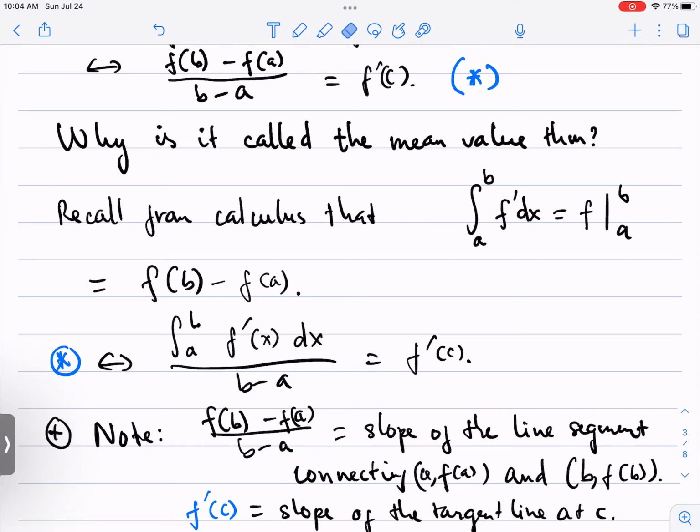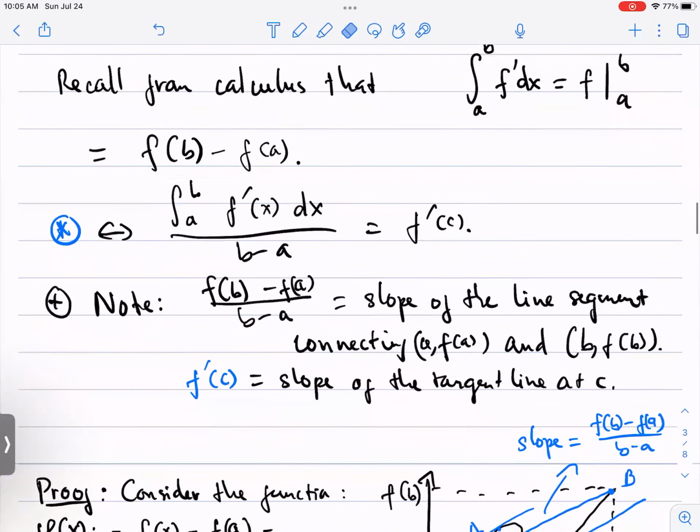In other words, it is the summation of all derivatives over that interval divided by the length of the interval. That's why it is the average of the derivative of the function in some sense. And we say that this average is actually realized by the derivative of the function at some point C. That's why it's called the mean value theorem.